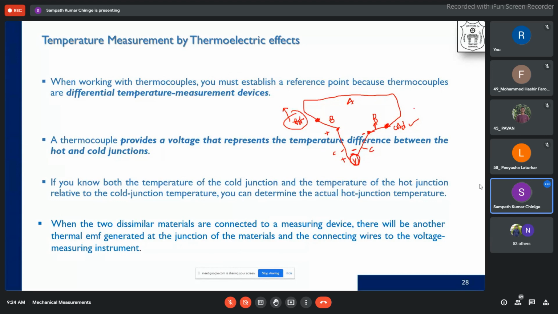When this is not connected, we have EMF1 for A and B, and we also have another EMF, EMF2, for B and C. If we can find out EMF2, which is induced because of this measuring instrument, we can safely find out the true EMF.